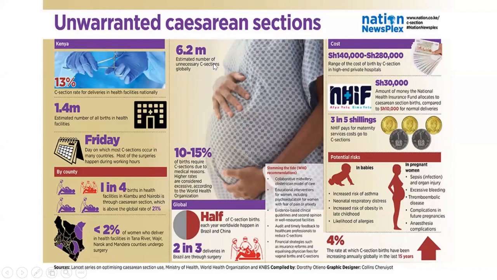If every year we do 6.2 million cesarean sections that have no clear or unnecessary indication, that means we're actually risking our mothers a lot. And then, of course, it said here that in Brazil, 2 in 3 deliveries are cesarean sections. Brazil is having a problem, and a lot of money is spent on cesarean section. If you look at these 140,000 Kenyan shillings to 280,000 Kenyan shillings, that is almost like 5 million Ugandan shillings, around those shillings. That's the average.